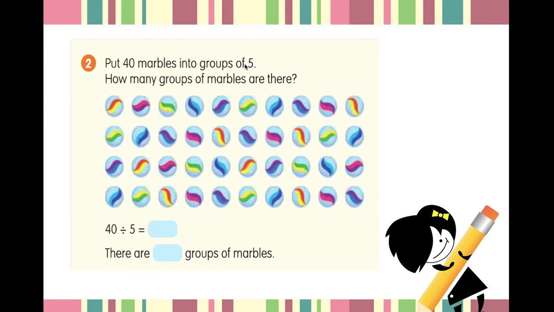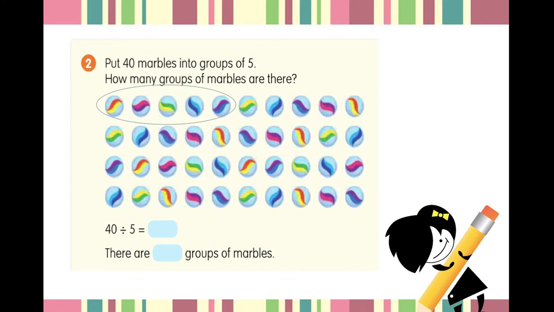In each group, how many should there be? Very good. Only 5 marbles. Your groups should be the same. Remember, all the groups should be the same. So we are going to put these 40 marbles into groups of 5.